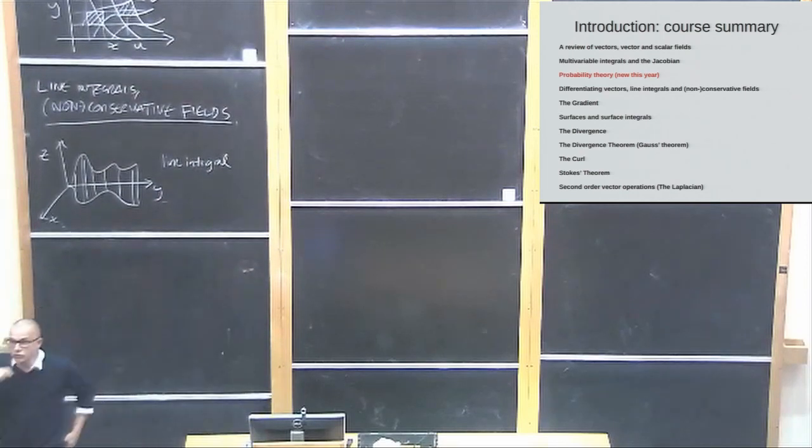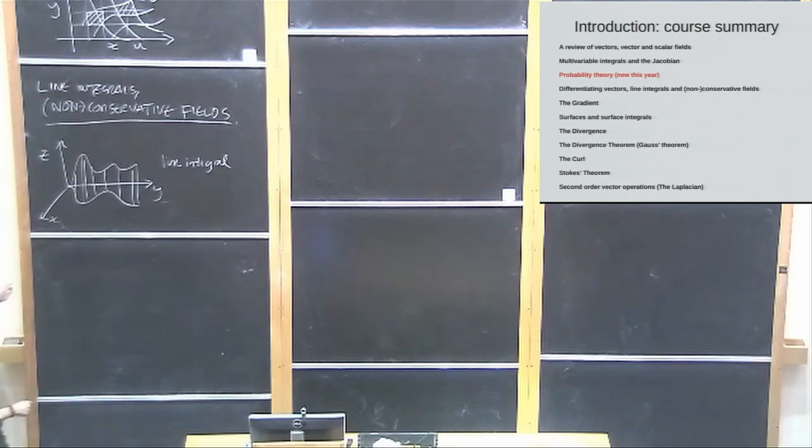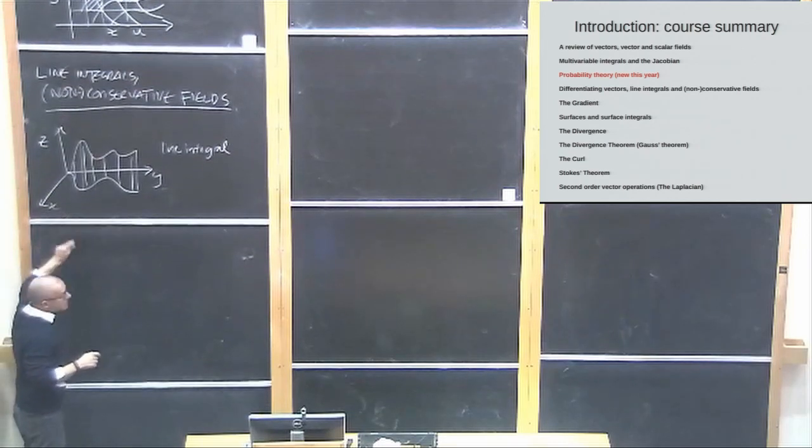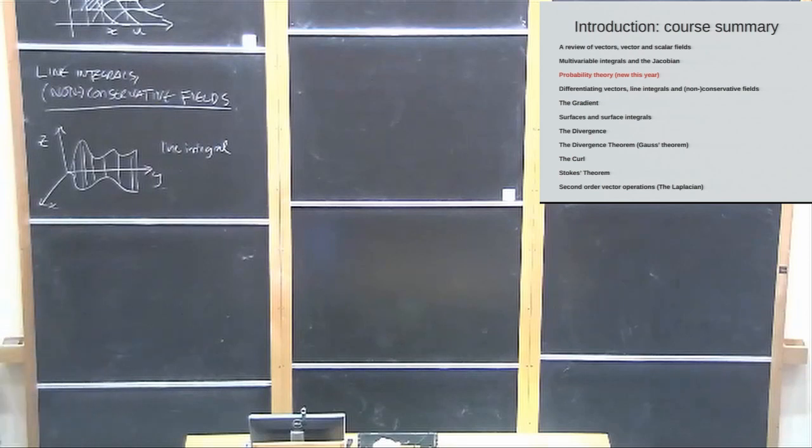So conservative and non-conservative fields describe two different types of scalar and vector field and the relationships between them. Conservative fields are something which will come up a lot in your electromagnetism course.